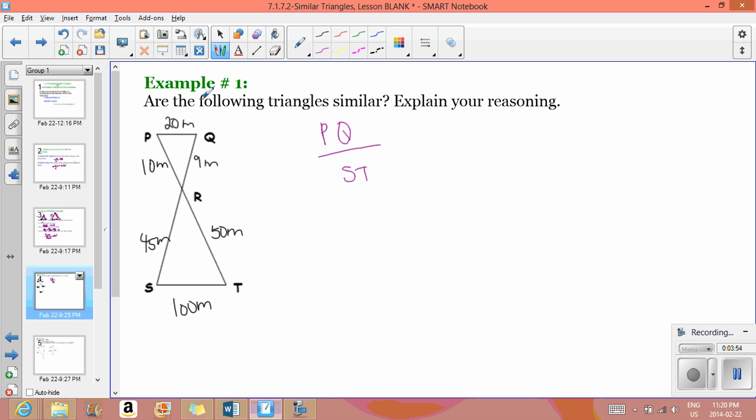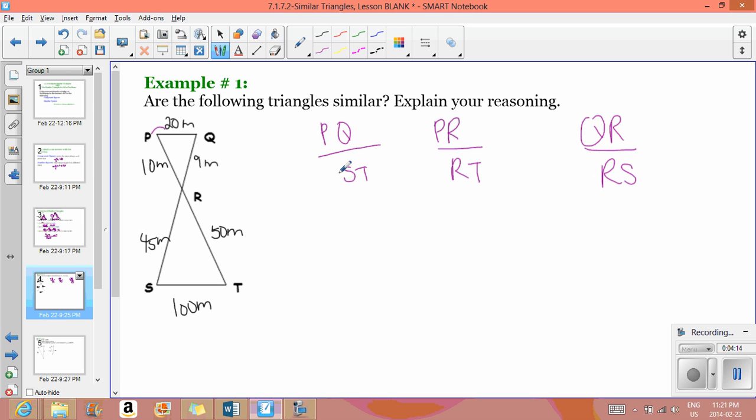So notice we have this top triangle here, and we have this bottom triangle. And then we could also compare that PR is compared to RT. And we could also compare that QR is compared to RS.